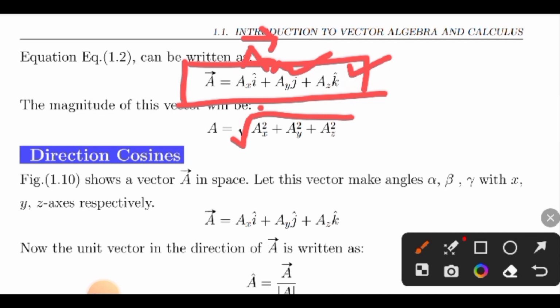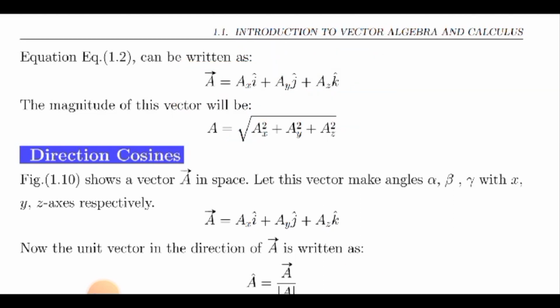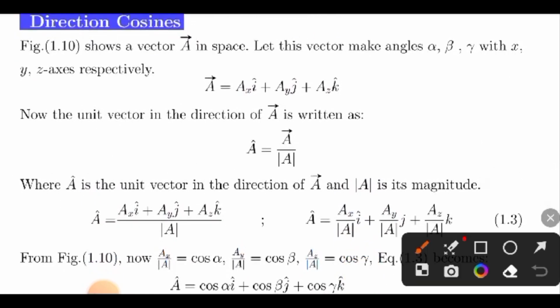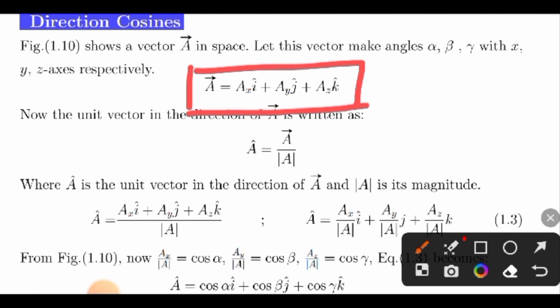In order to find the direction cosines alpha, beta, and gamma, we can write the vector A as Ax i plus Ay j plus Az k, and the definition of a unit vector is the vector divided by its magnitude.